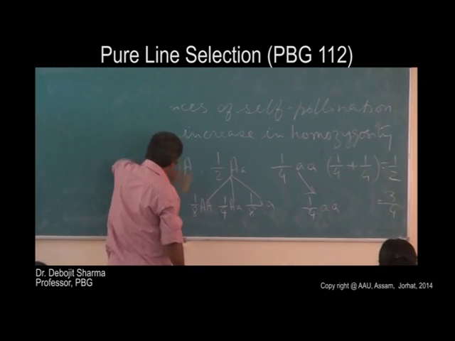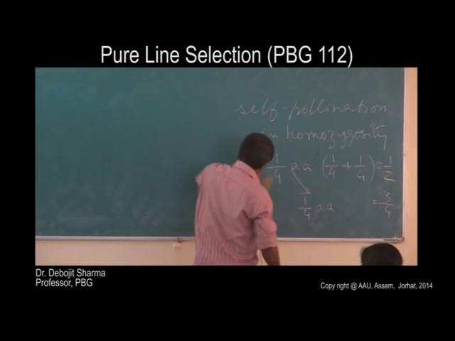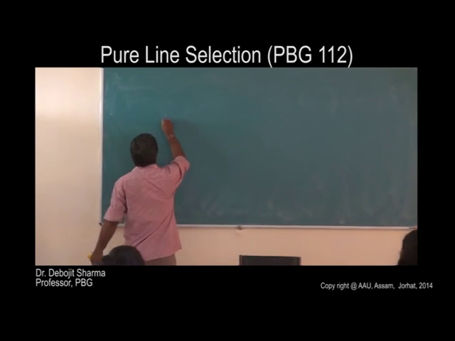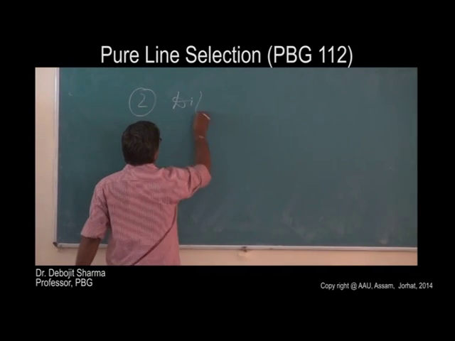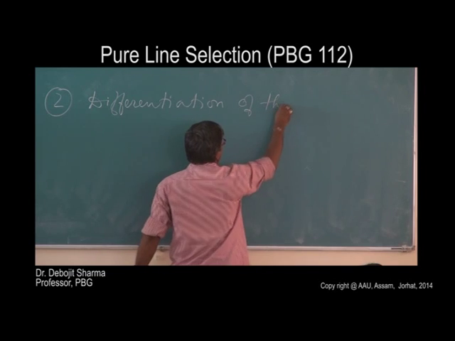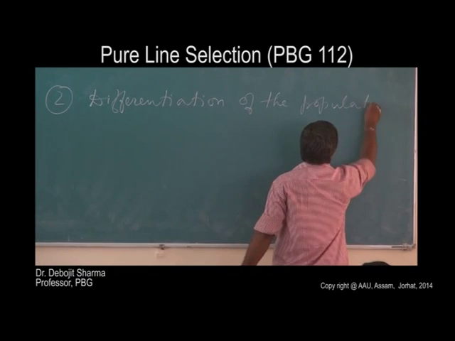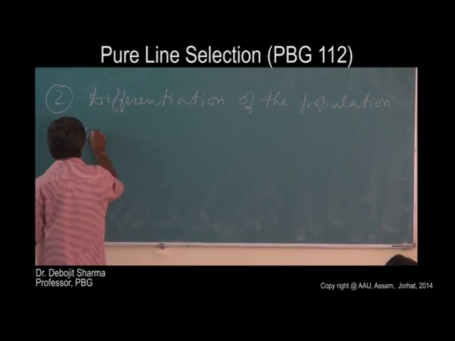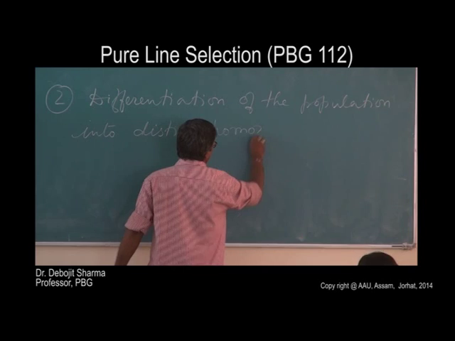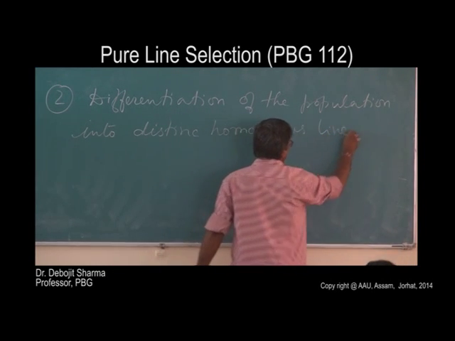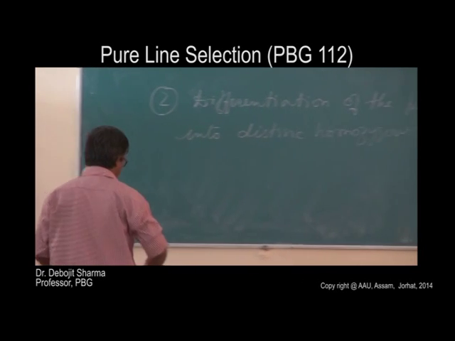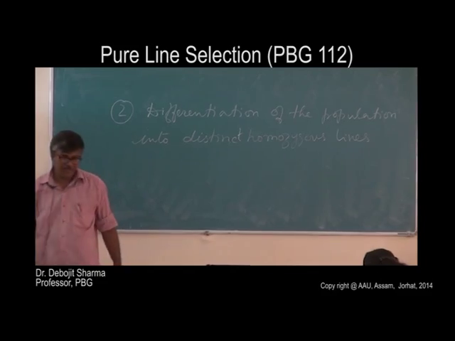Then the second effect of self-pollination on the population is differentiation of the population into distinct homozygous lines.